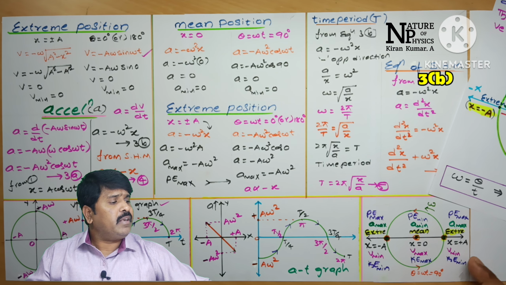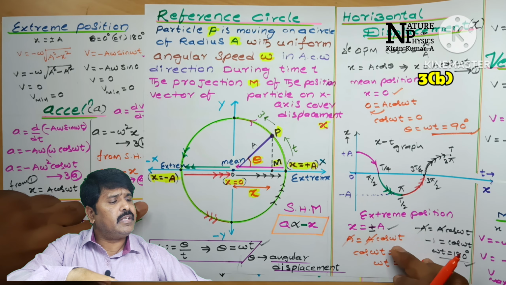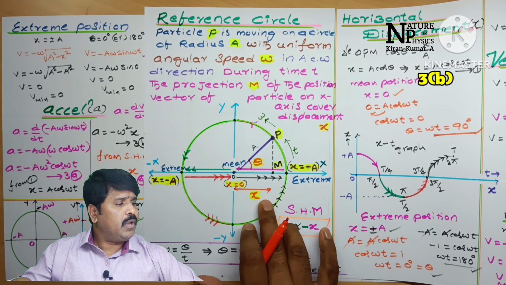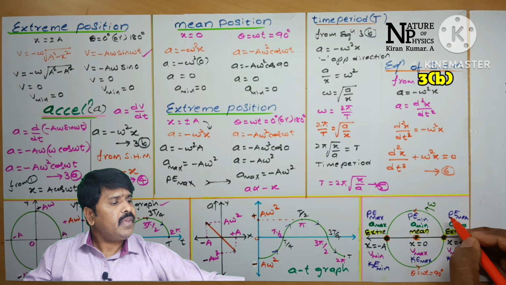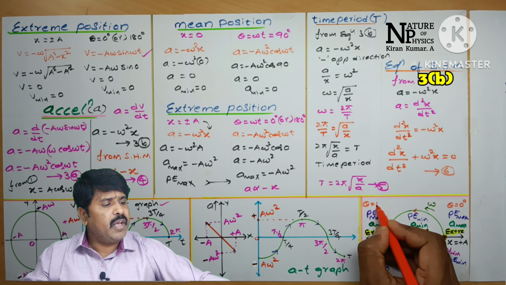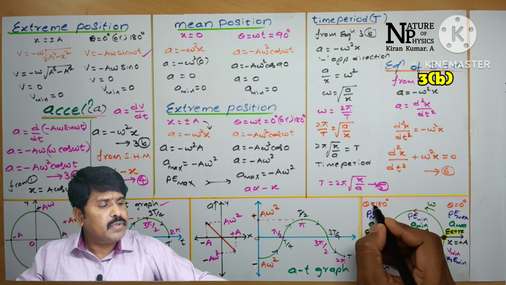And at extreme position, here x is equal to plus or minus a. So theta is equal to 0 degrees or 180 degrees. So I can write here theta is equal to 0 degrees and here theta is equal to 180 degrees. See student.